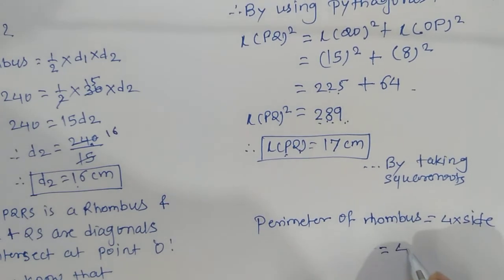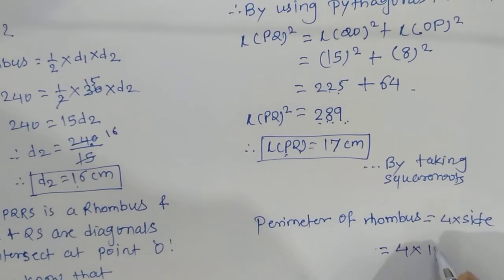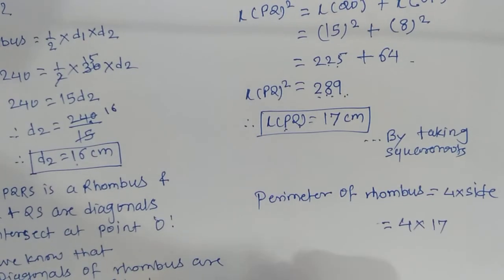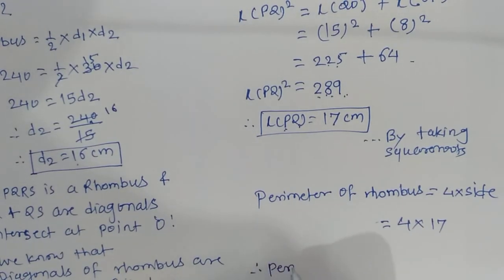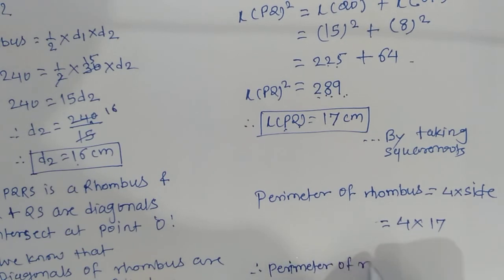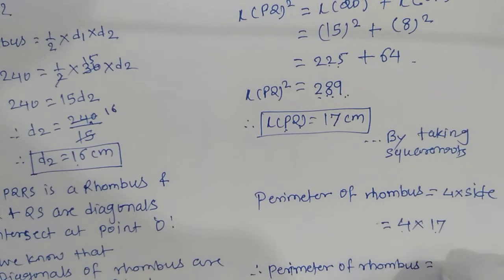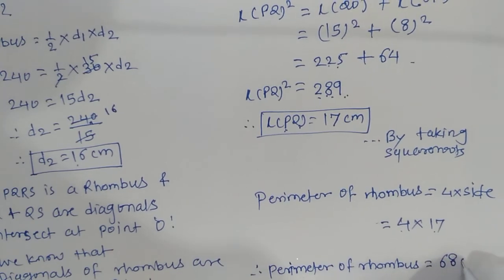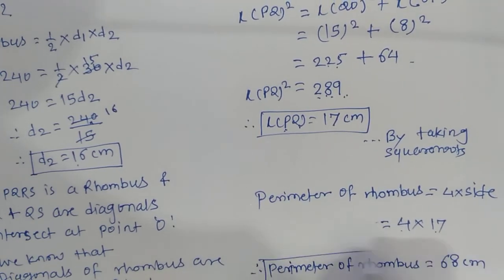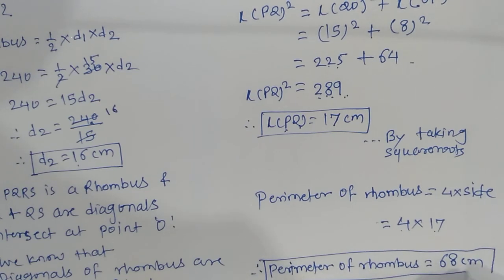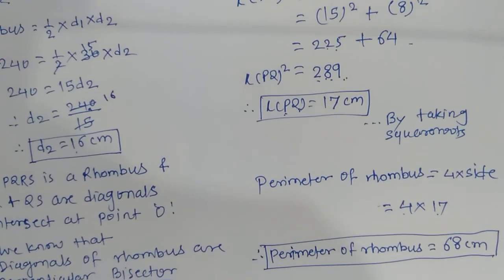So 4 multiplied by side is 17. Therefore perimeter of rhombus is equal to 17 4s are 68 centimeter. And this is the final answer.